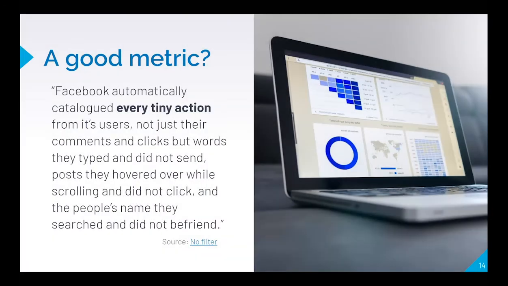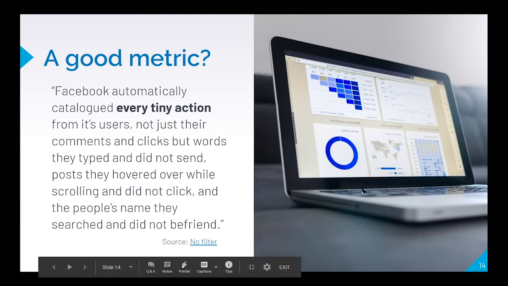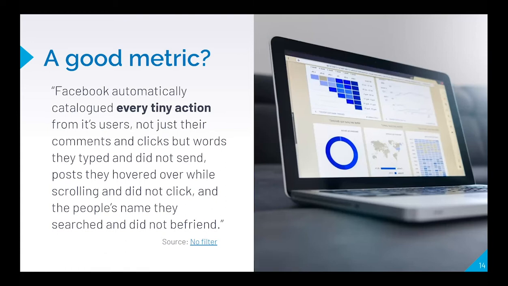So let's look at Facebook. With Facebook, they automatically catalog every tiny action that you perform on the platform, not just comments but clicks. It's the words that you type and then delete, the words that you type and then hit send, the posts that you hover over when you're scrolling and don't click, the posts that you click on, the name of your ex that you search and then don't friend, or the people that you search for and then block.